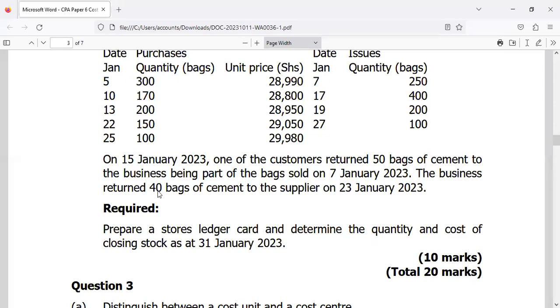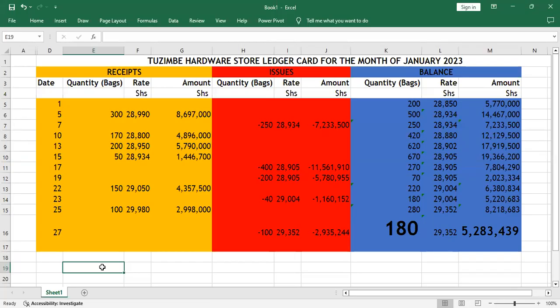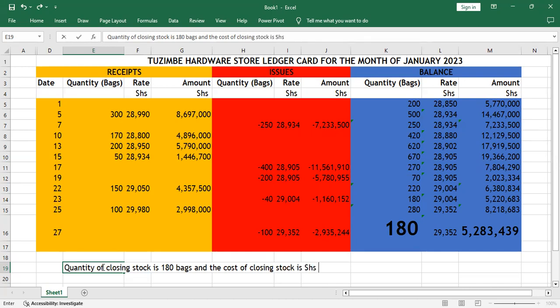Maybe what you can do, you can come down here and say the quantity of closing stock is 180 bags, and the cost of closing stock is shillings 5,283,139.